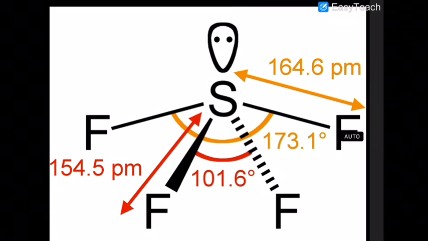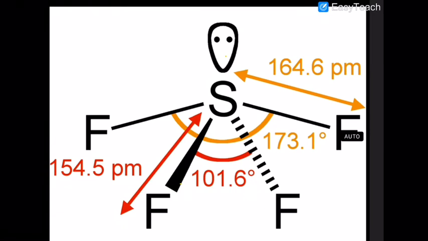What is the reason behind that? The reason is that the lone pair is repelling the bond pairs. One of the equatorial positions is occupied by the lone pair, and it is repelling all four bond pairs.